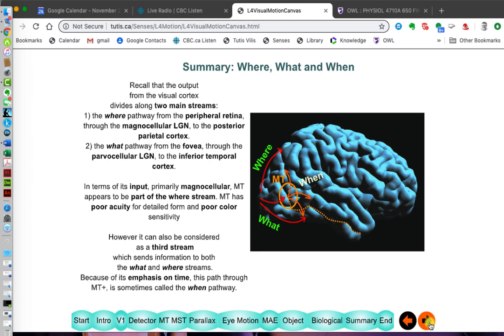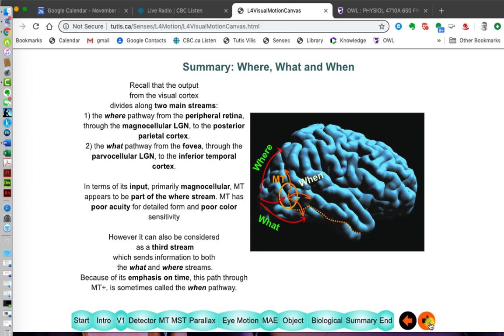So we saw that the output of the visual system goes along two streams, a what and a where stream. And it seems possible that this area that we looked at here is a third stream.